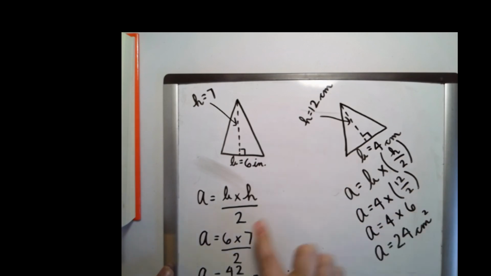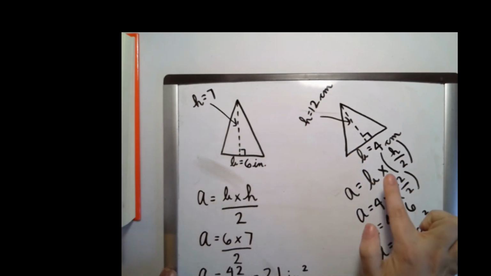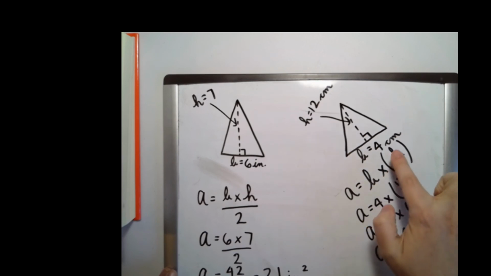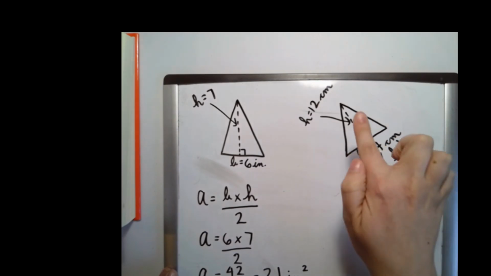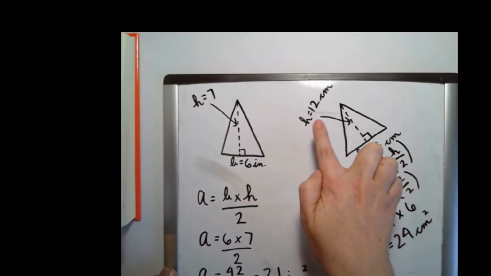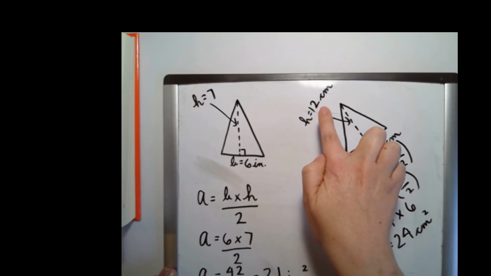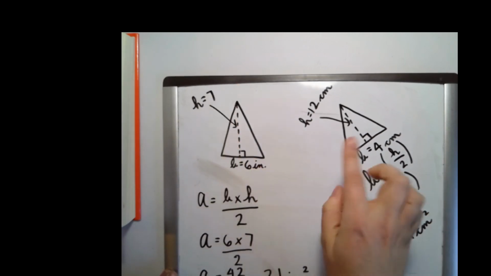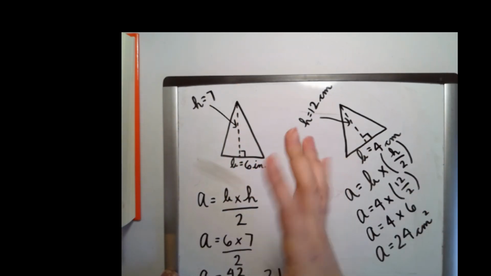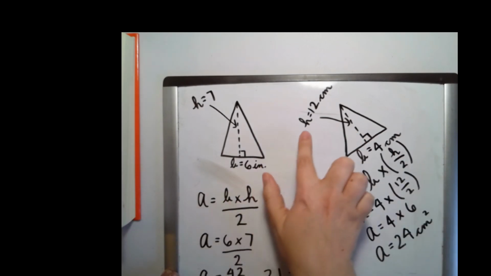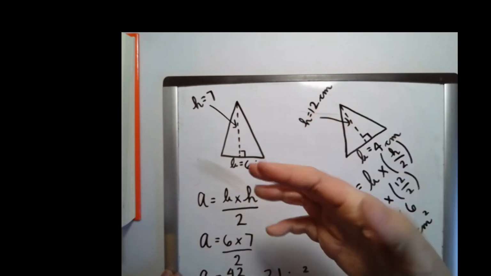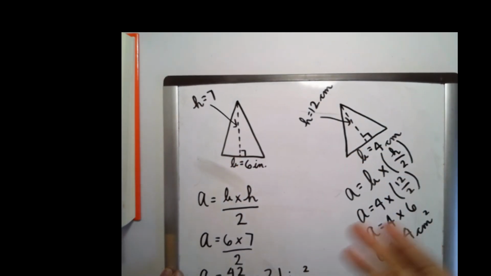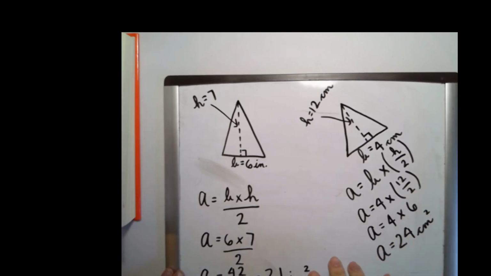You can use either one, but it's better to use this formula, base times height divided by 2, in this case because my height is a bigger number. Okay, so 7 and 6, that's still a fairly easy math fact. But once we get into 12s, that's a higher math fact, and you may not know that right away.